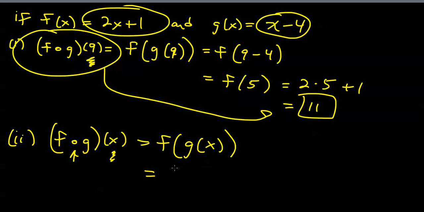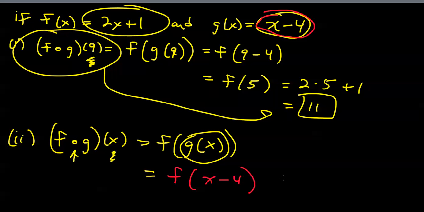So we're not going to get a numerical answer here. Our answer is going to be in terms of some variable x. G of x is x minus 4, as we know. So I'm going to plug x minus 4 into the f machine, so to speak.